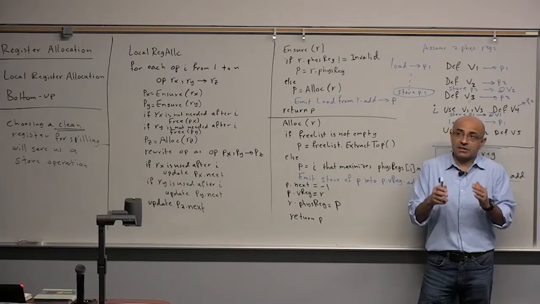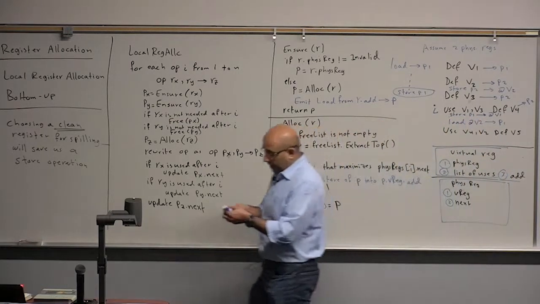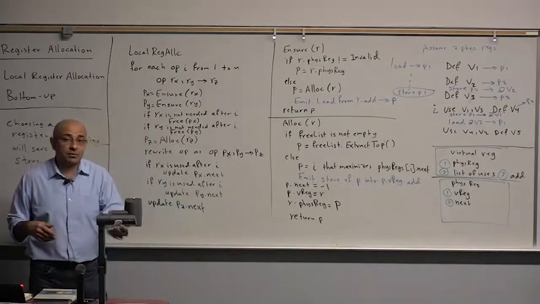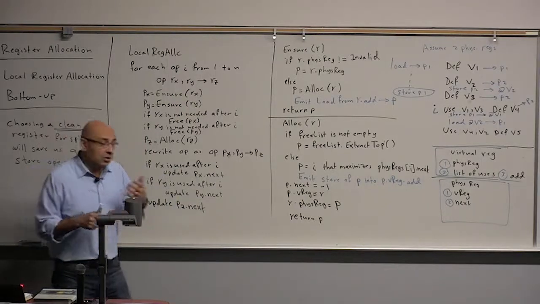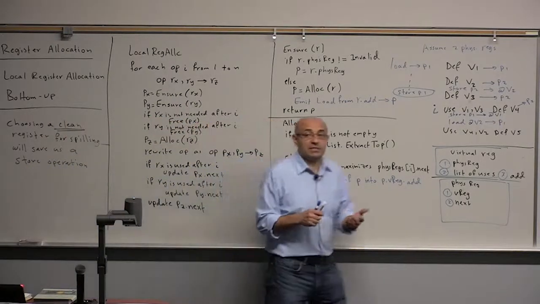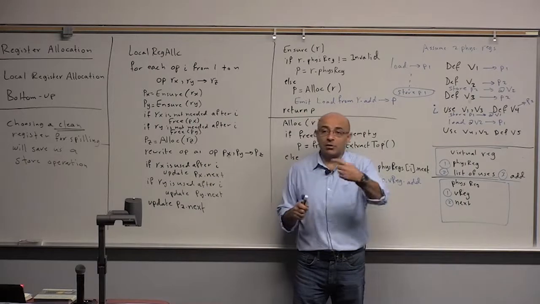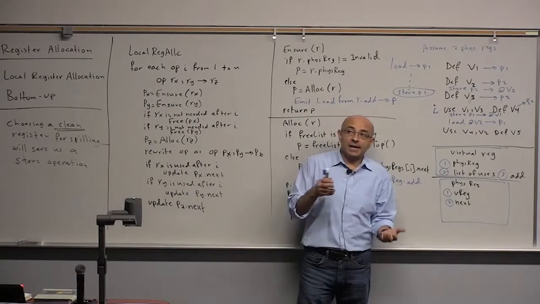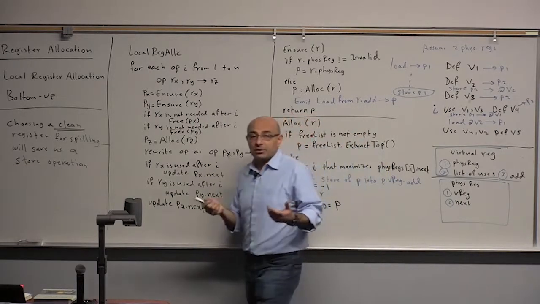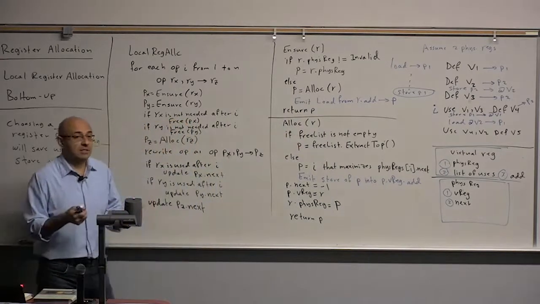So if there is a register that gets used many times in the near future, you better keep it in a physical register, because you will keep using it over and over. So it's not always clear what the right decision is.